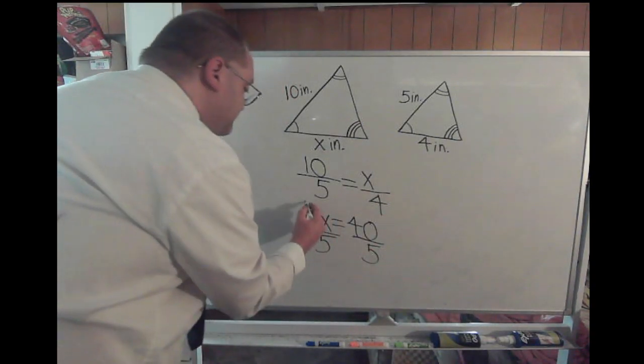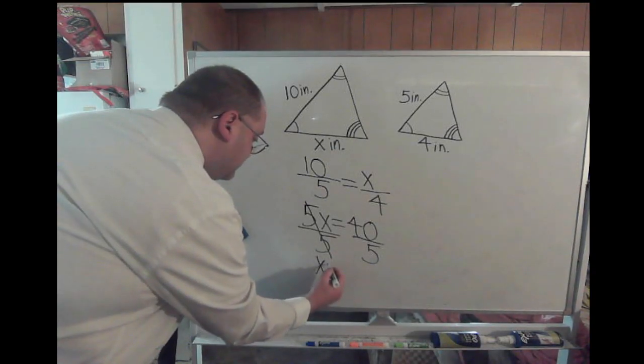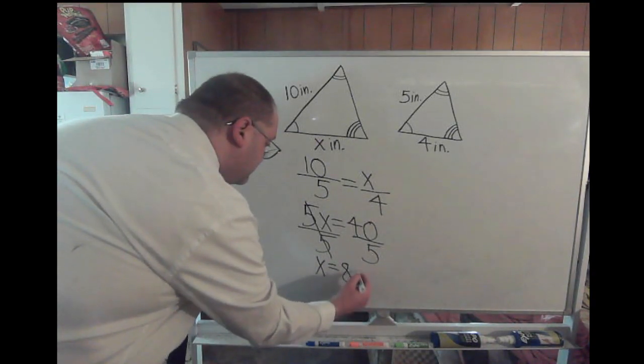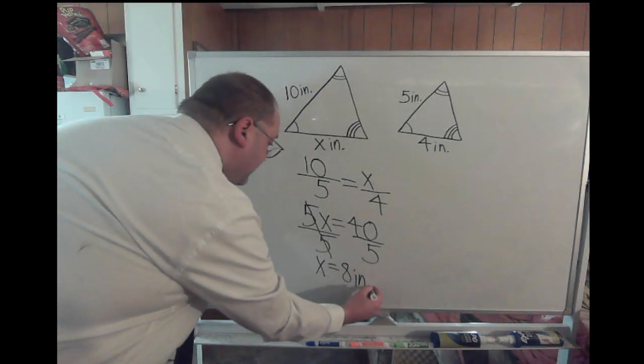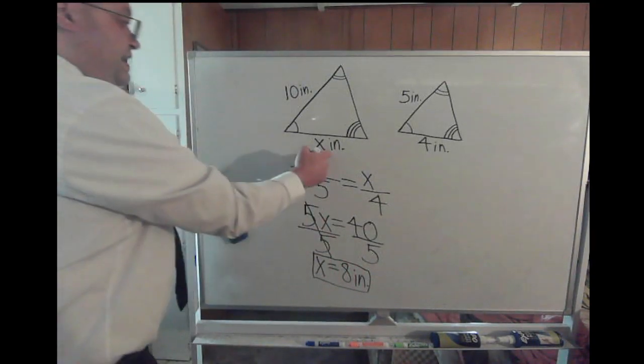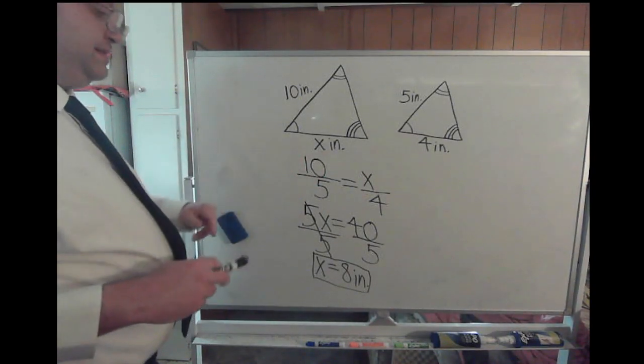Left side, 5's cancel out. So you would have x is equal to 40 divided by 5, which is 8. So x is 8 inches. So on the big triangle, that x, that missing length, that's equal to 8 inches. That's what you would get.